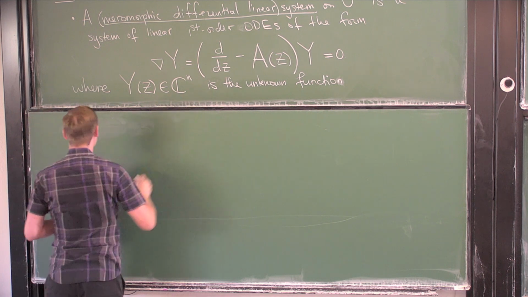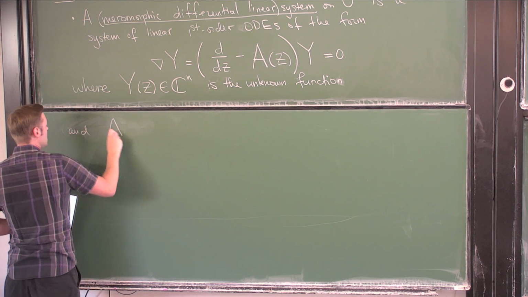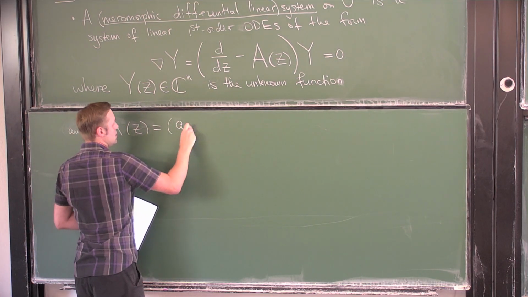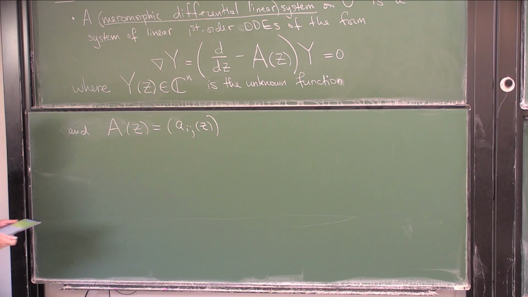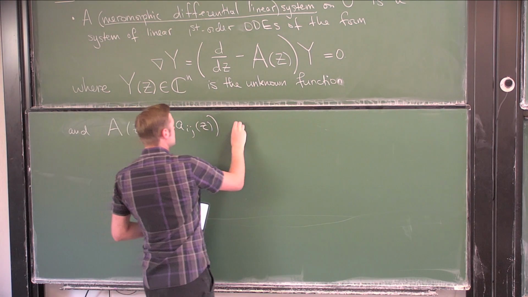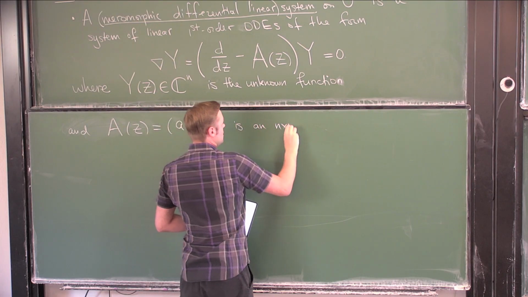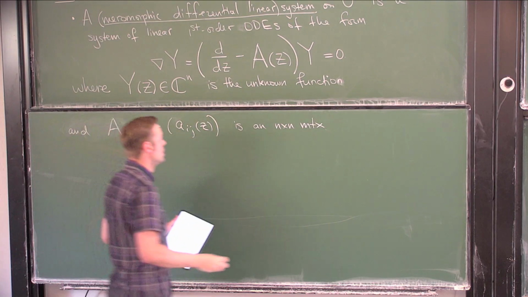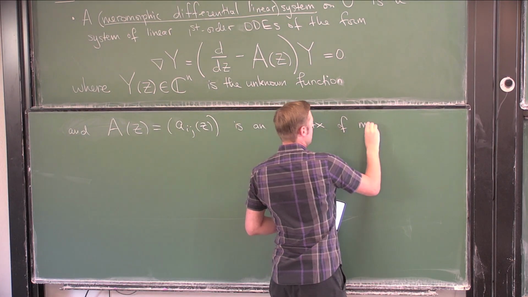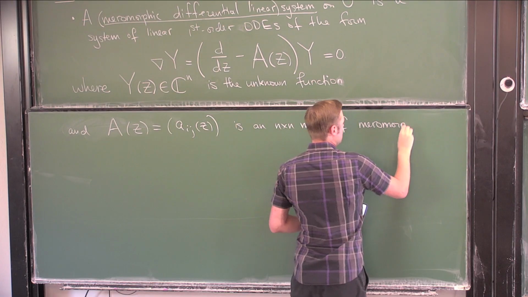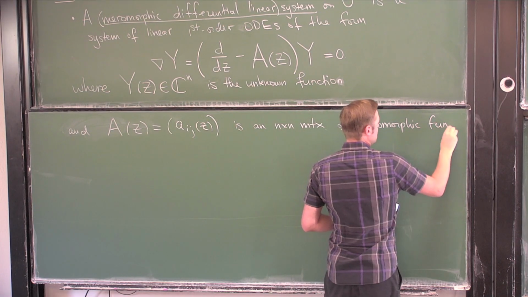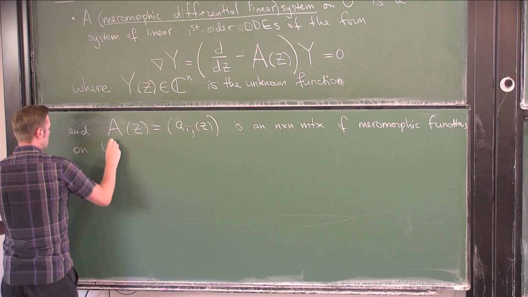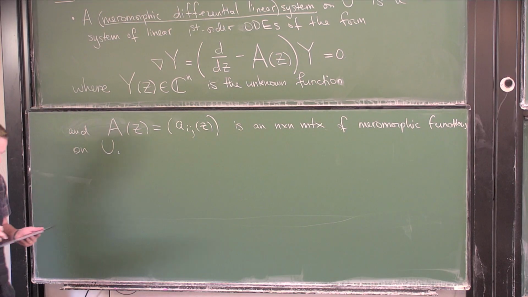I also need to tell you what A is. A is a matrix A_ij, an n by n matrix of meromorphic functions on U. So these coefficients are all meromorphic functions.